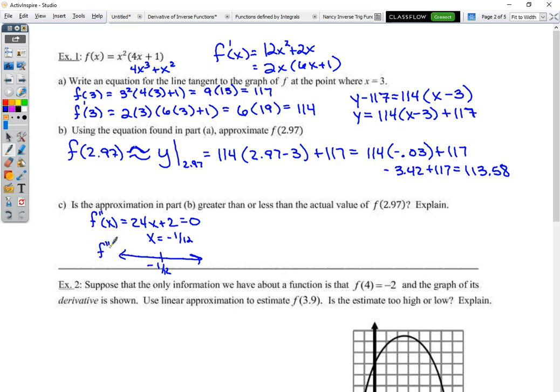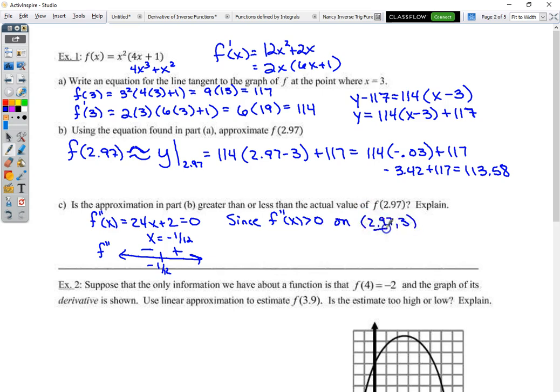So I take a look at f double prime of x, and I'm going to come up with the chart. This goes from a negative to a positive, which is helpful. And what that means is that anything larger than negative 1 over 12 is going to be a concave up function. So we can say since f double prime of x is greater than 0, or positive, on the two numbers I'm going to use, 2.97 to 3.